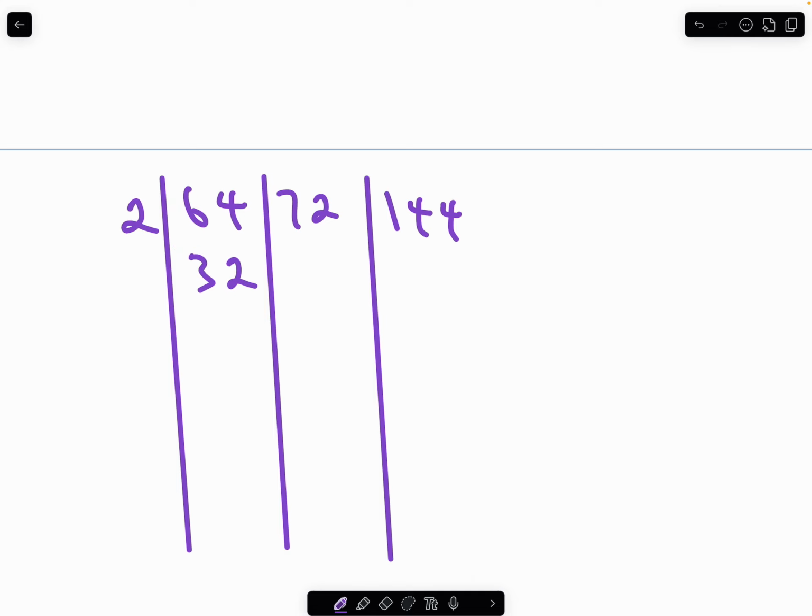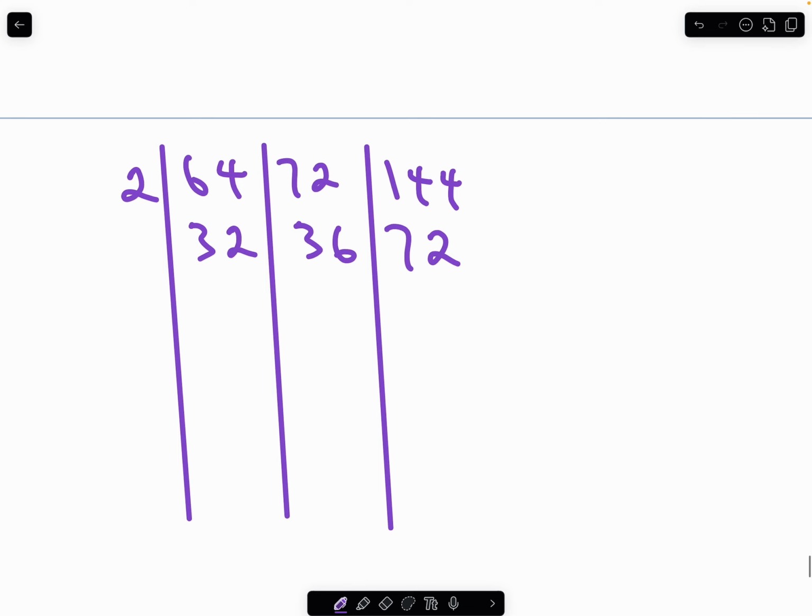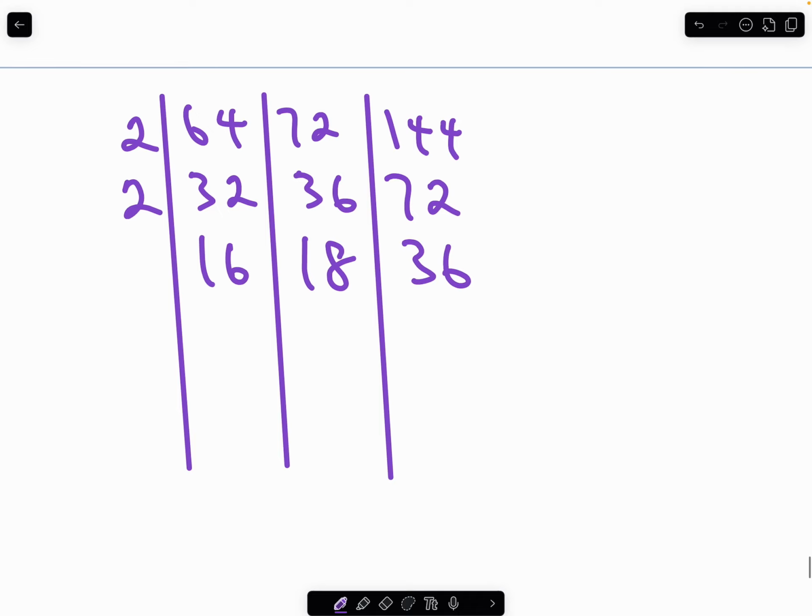So 2 in 64, that's 32. 2 in 72 is 36. 2 in 144 is 72. 2 will still divide all of them. 16, 18, and here I'm going to have 36. Now 2 will still divide all of them. 2 in 16, 8. 2 in 18, 9. 2 in 36, 18.